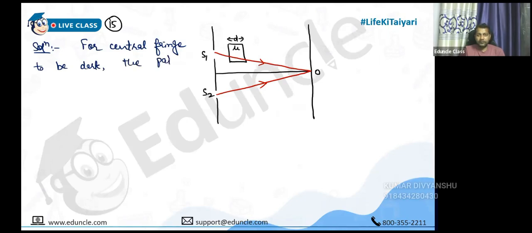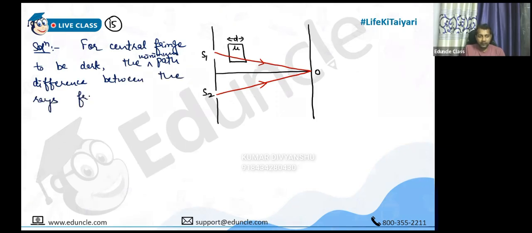The minimum path difference, not the path difference, minimum path difference between the rays from should be lambda by 2.